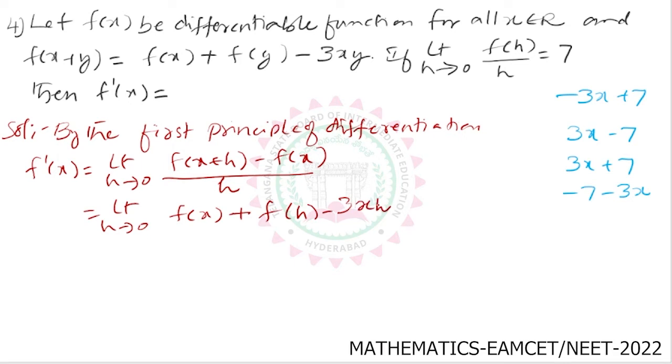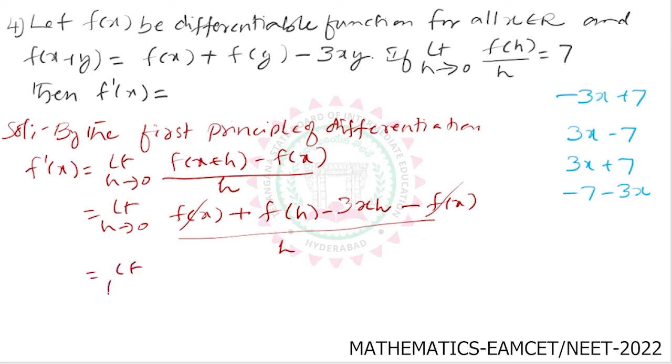What I am doing in the given function, what is the given function? This is f of x plus y is equal to f of x plus f of y minus 3xy. In place of this, wherever y is there, I am substituting h. So this becomes f of x plus h, which becomes f of x plus f of h minus 3xh. Minus f of x as it is, whole divided by h. Now you see that minus f of x plus f of x cancel.